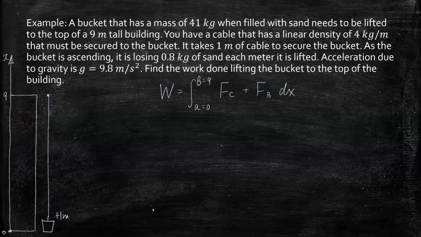And to find the force for lifting the cable, let's consider some subinterval of width delta x, and let's pick some representative on this subinterval x. Technically, I should be calling it xi star, but we can just refer to it as x.